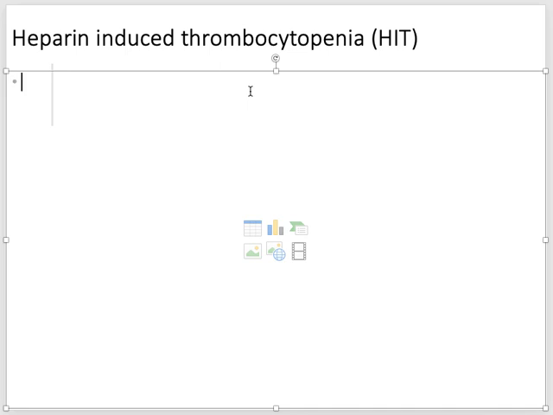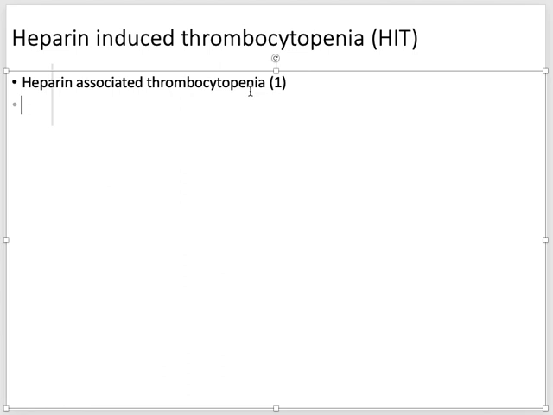Now type 1 is called heparin-associated thrombocytopenia. This is previously type 1. Nowadays it's a new name.